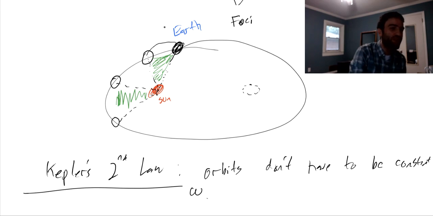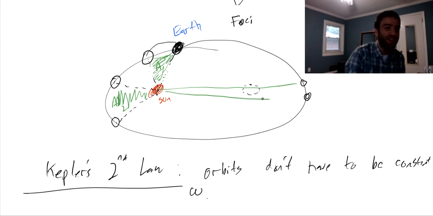Okay, so if the time it takes for the Earth to go from here to here is the same as the time it takes the Earth to go from here to here, then this green area will be the same as this green area. And if this is how far along the orbit the Earth moves in the same amount of time, this area is the same too, A3.